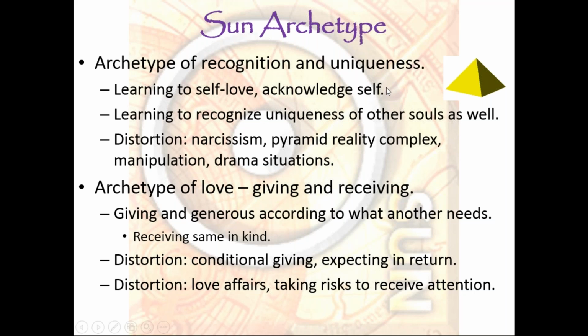And to do this on a deep inner level: I am. I exist. I am me. And when we have that healthy self-love and self-acknowledgement, then this leads to being able to recognize what's unique in someone else as well. The distortions that'll come through with this archetype: narcissism.